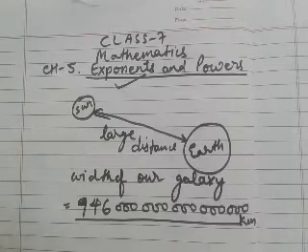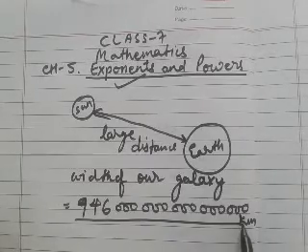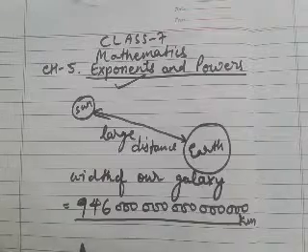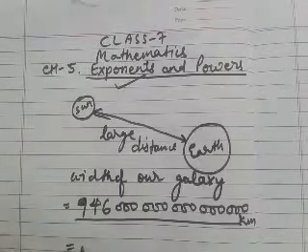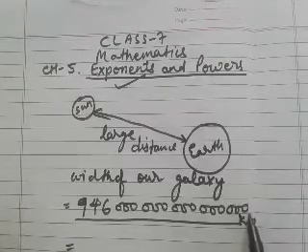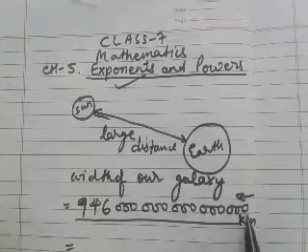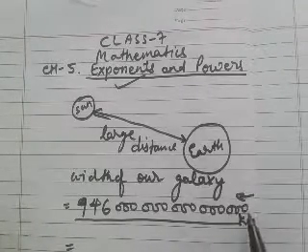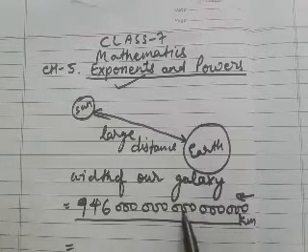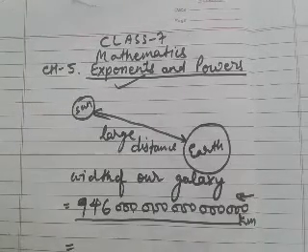For example, we can write this large distance in short form like this. First of all, count the zeros from the right side. How many zeros are here? 1, 2, 3, 4, 5, 6, 7, 8, 9, 10, 11, 12, 13, 14, 15.